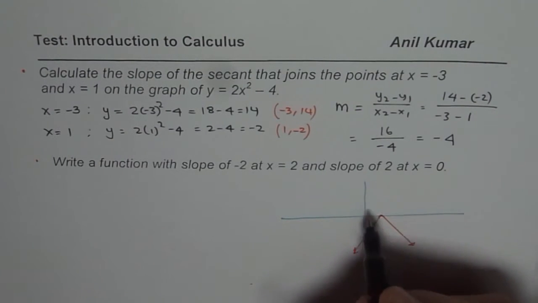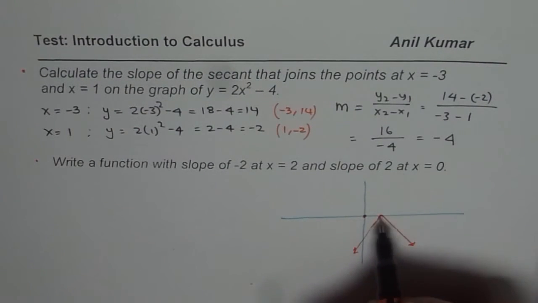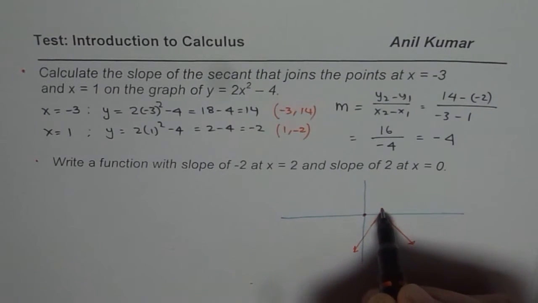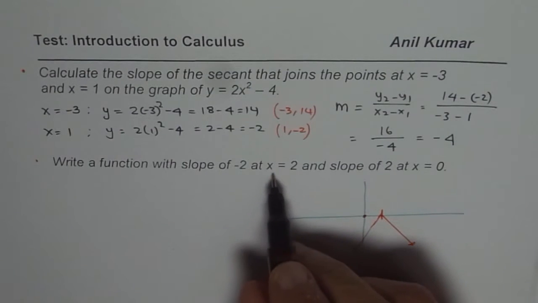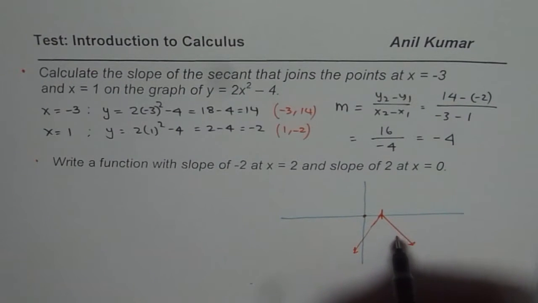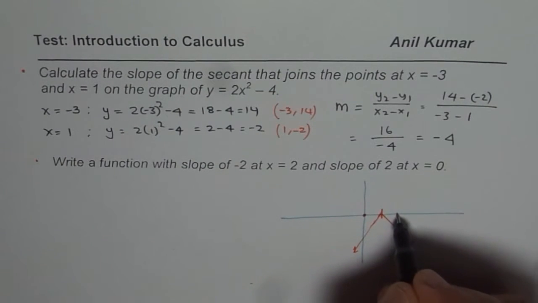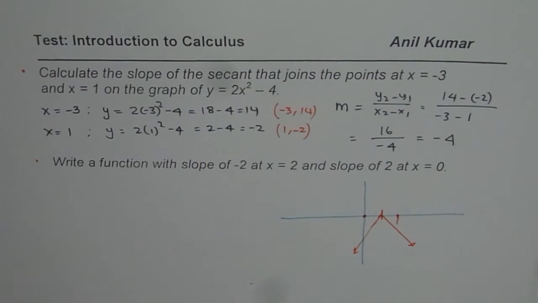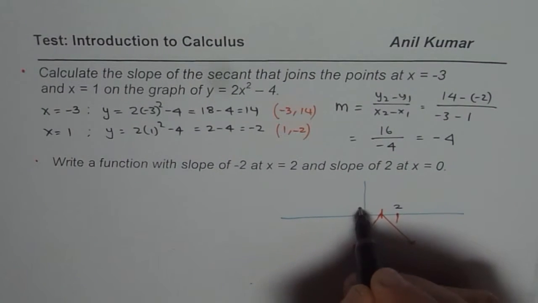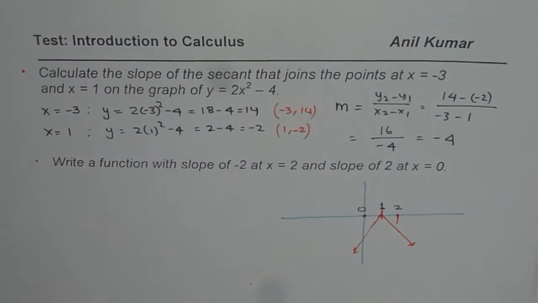So what we have here is a point 0, and somewhere in between we can have the vertex, and 2 units away from here, somewhere here, will have a slope which is negative, right? So let us say this point is 2. So if this point is 2 for us and this is 0, we can expect 1 in the center.